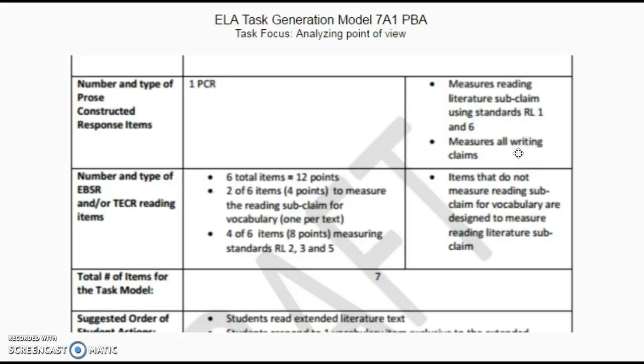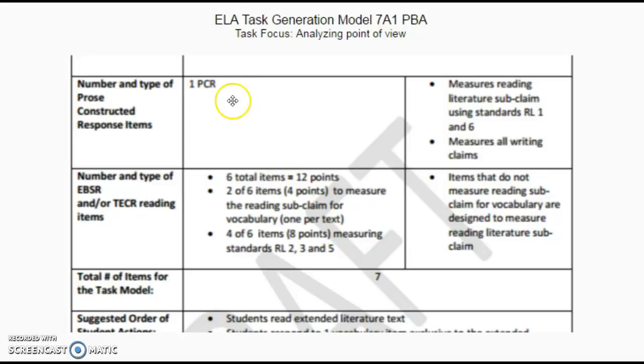The next row on the task generation model identifies the number and type of EBSR and TECR items. In this case, there will be 6 EBSR and TECR items, 2 of which will measure the vocabulary subclaim, and 4 of which will measure the reading subclaim, using Standard 2, which has to do with the development of theme, Standard 3, which has to do with the interaction of story elements, and Standard 5, which has to do with how the structure of a text contributes to its meaning.